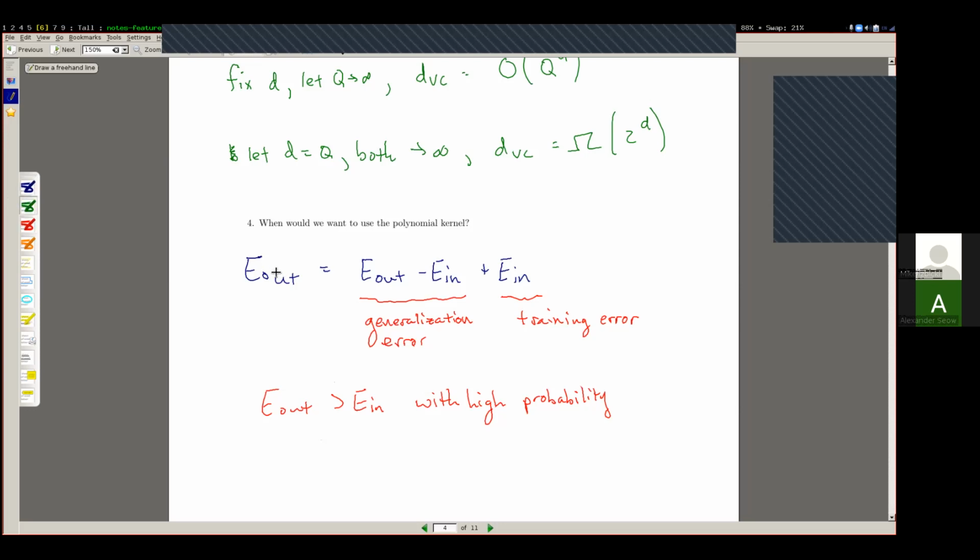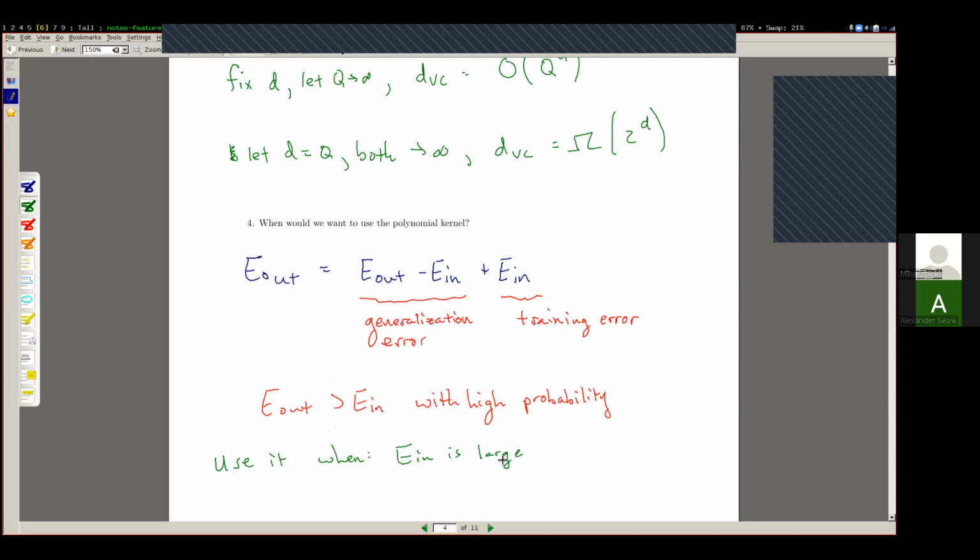And so if our goal is to make E out as small as we possibly can, then we would want to use the polynomial kernel when E in is large, because one of the things about the polynomial kernel is we can drive E in all the way down to 0 if we want.